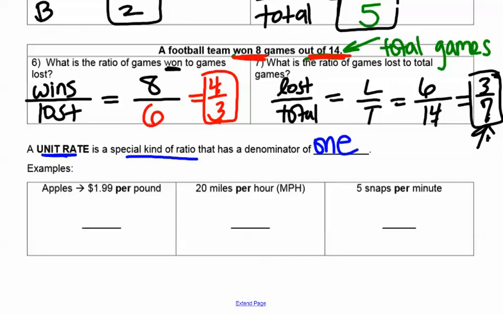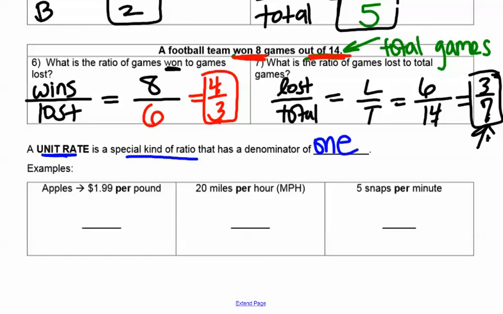When you go shopping or when your parents go shopping, food is always sold per pound. Okay, apples, produce, meats, fish. Chicken, all right, steak, hamburger meat, it's all sold per ounce or per pound.